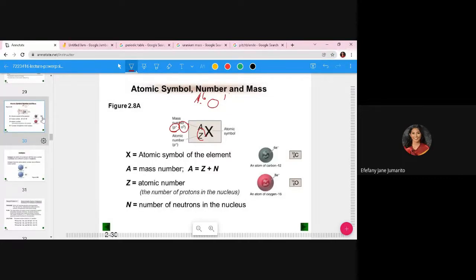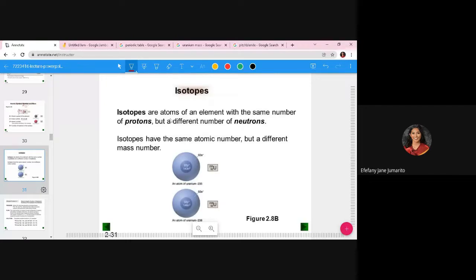The number of protons is the atomic number, so 92. So A is equal to Z plus N. All right, I will give a question.